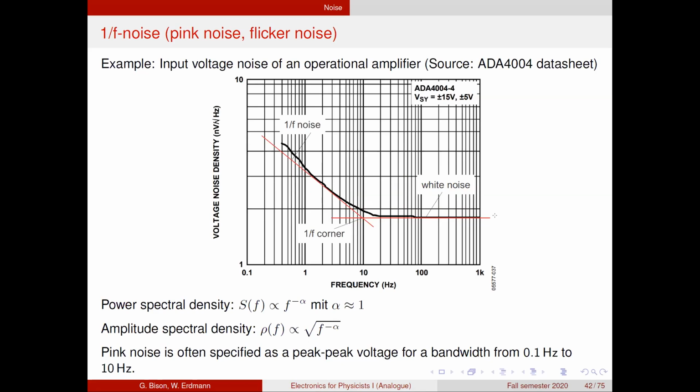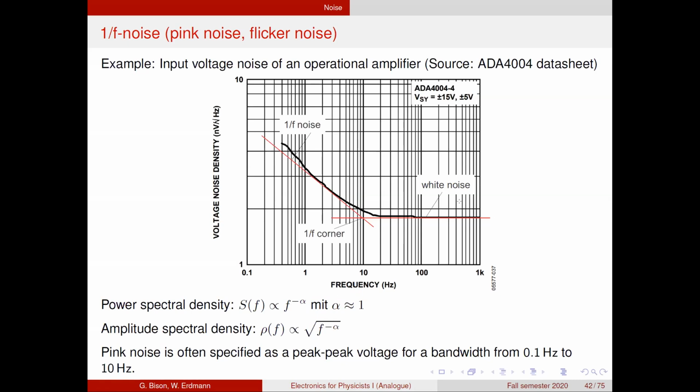1/f noise is a slang term for this kind of noise contribution. The noise spectral density is typically proportional to a function which goes like a constant times f to the minus alpha, with alpha somewhere close to 1.